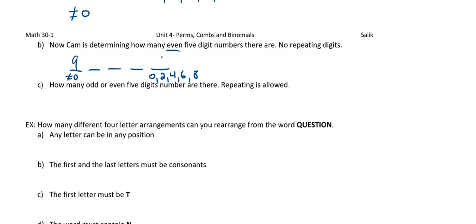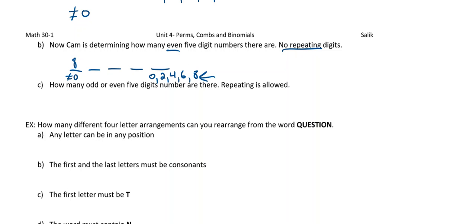But the only issue is that since we're dealing with the not repeating part, whatever I choose for this, let's say I chose a 2 to go in there, well, the number out front can't be a 2. If I chose a 4 for the last one, then the number out front can't be a 4. So instead of this being 9 like it was last time, it's actually only going to be 8 because it can't be the number that we have on the end.